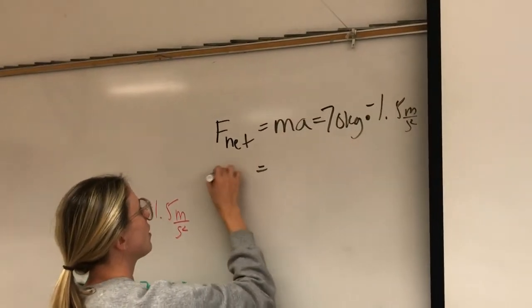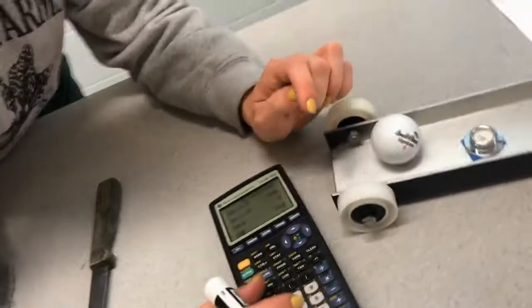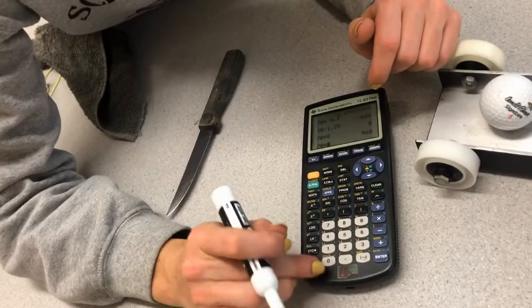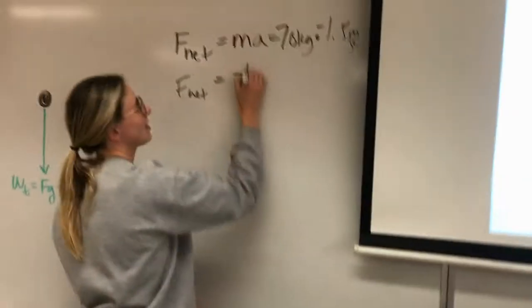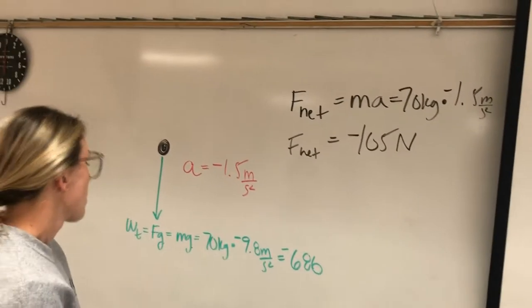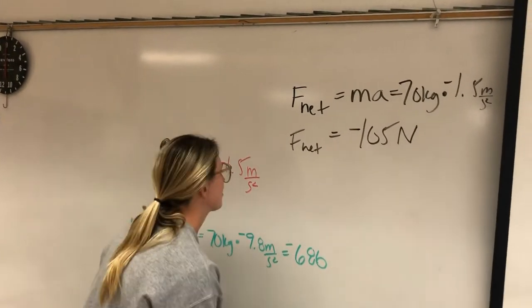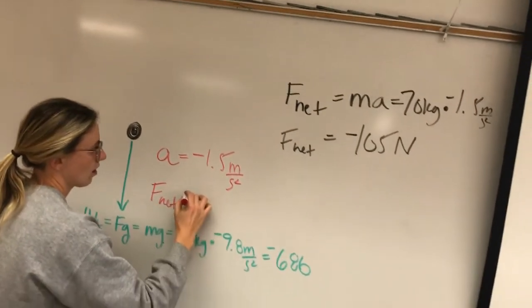So my net force equals 70 times negative 1.5, and we get negative 105. I notice it's negative, so is the acceleration. That's because the net force and the acceleration are in the same direction, always, never an exception.